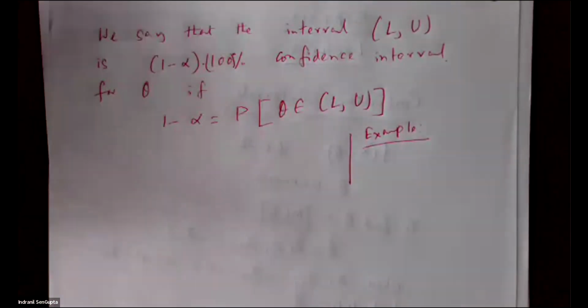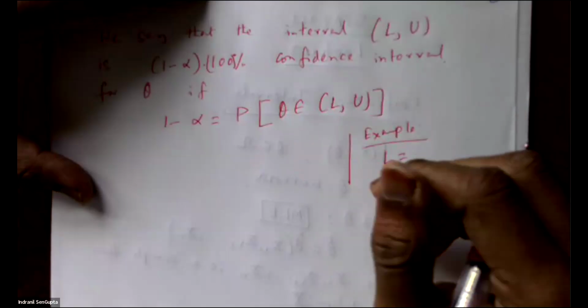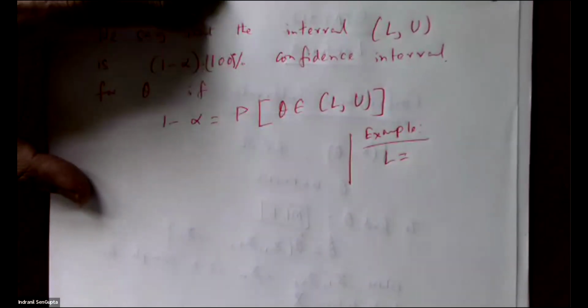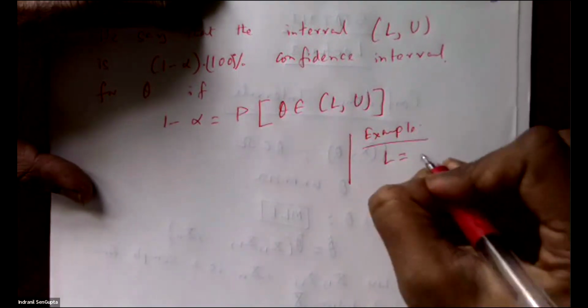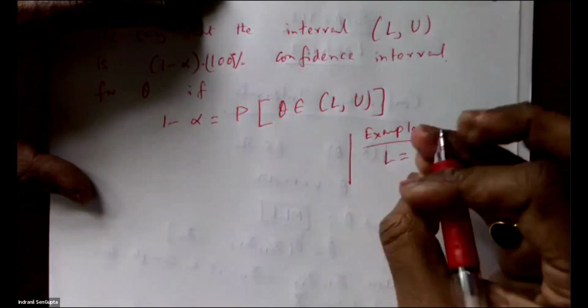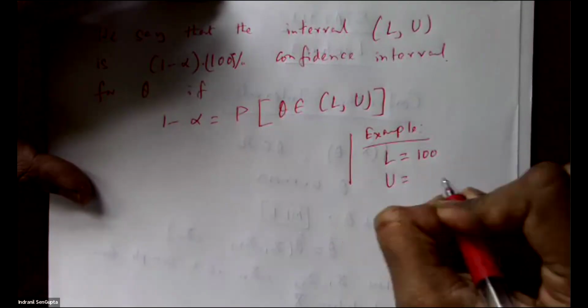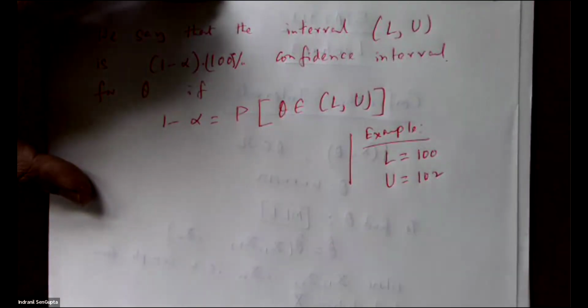suppose you found a statistic L based on some sample. So maybe you're trying to estimate theta, right? So now suppose you found a statistic L which has the value of 100, and you found the value of U to be, say, 102.